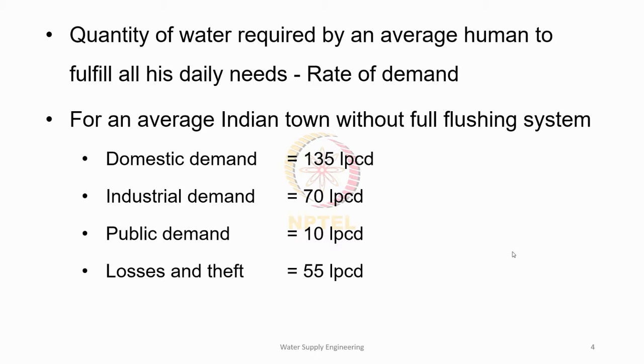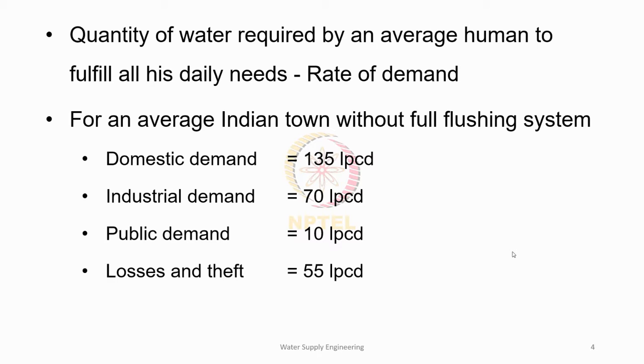So in the case of an average Indian town without full flushing system, the domestic demand is taken as 135 lpcd. Lpcd is liter per capita per day, that is liter per person per day. So 135 lpcd is the domestic demand, 70 lpcd is the industrial demand, 10 lpcd is the public demand, and 55 lpcd is losses and theft.